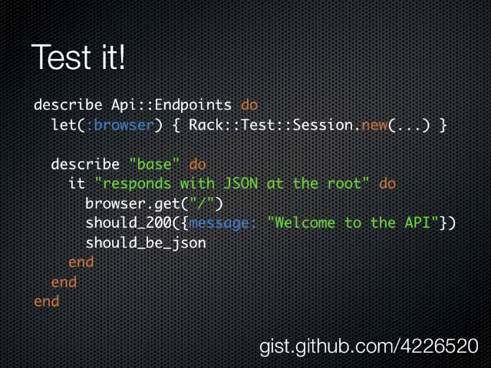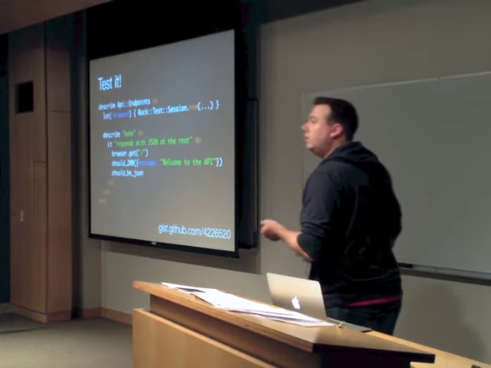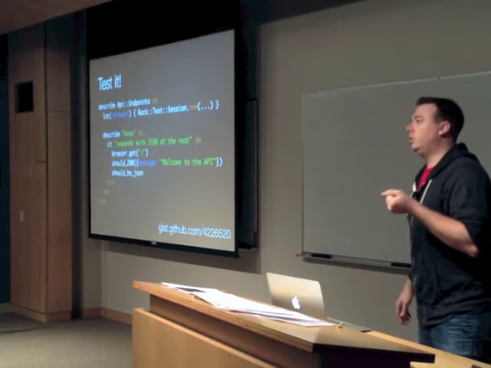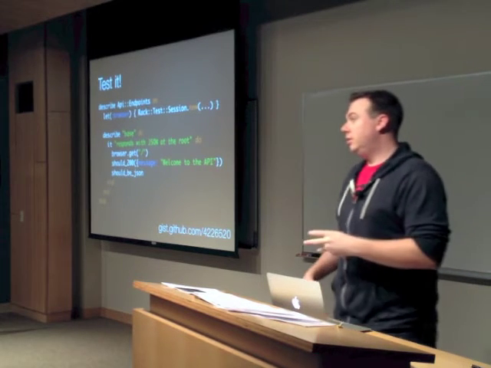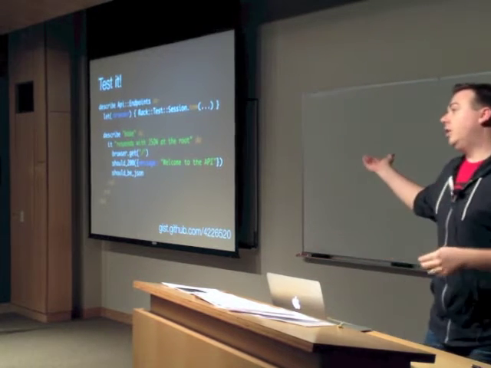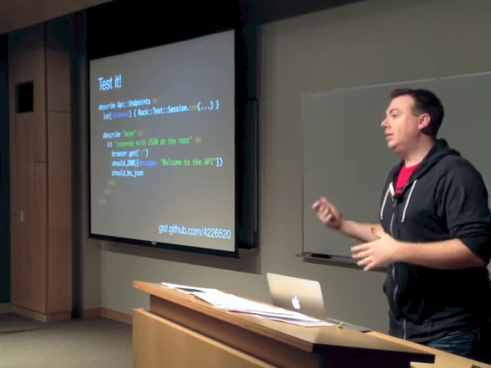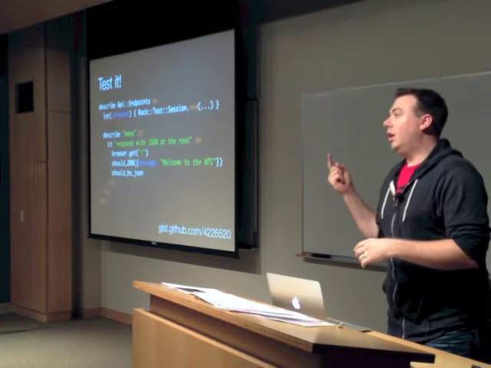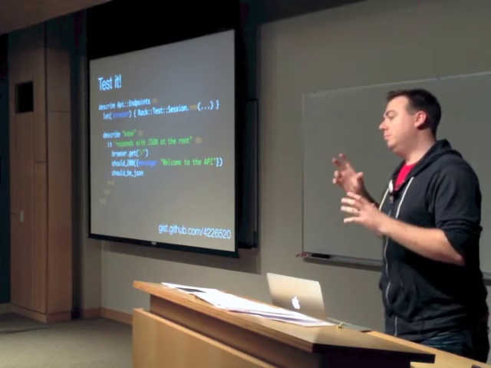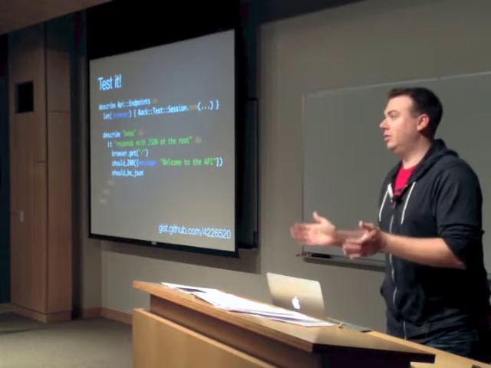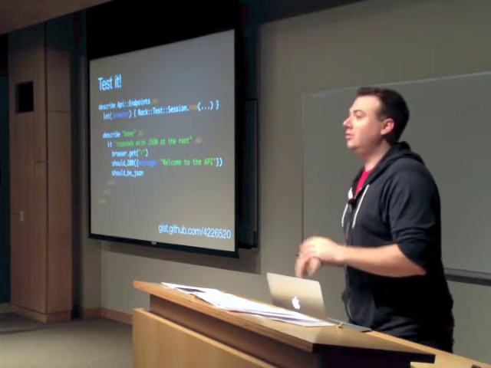So this is what testing it looks like. I cut off the browser object that you actually get back when you create that browser object. The details of it are in the gist. We're just doing a quick test to make sure that when we call a get to the root, it should 200 with a hash with a message that says welcome to the API. That should 200 is also in my gist.